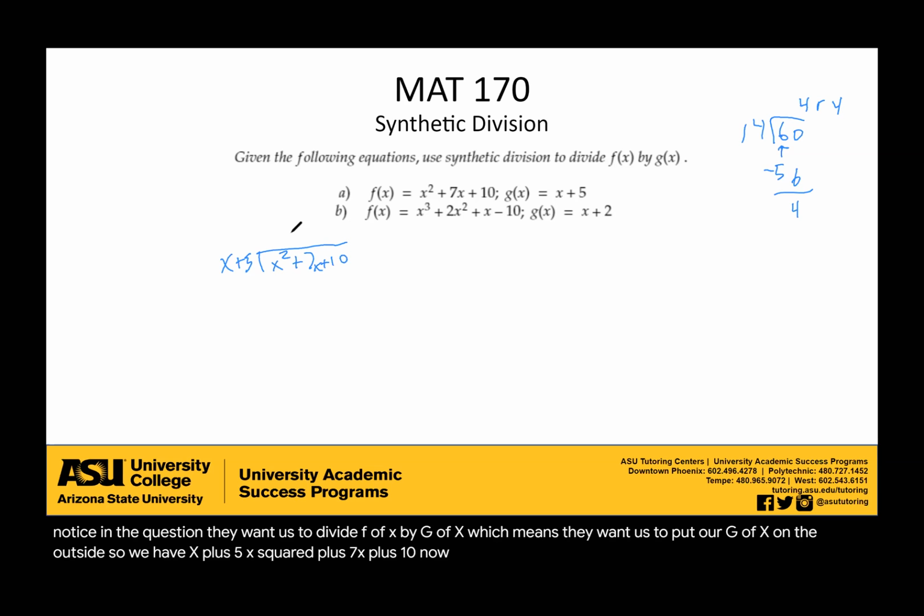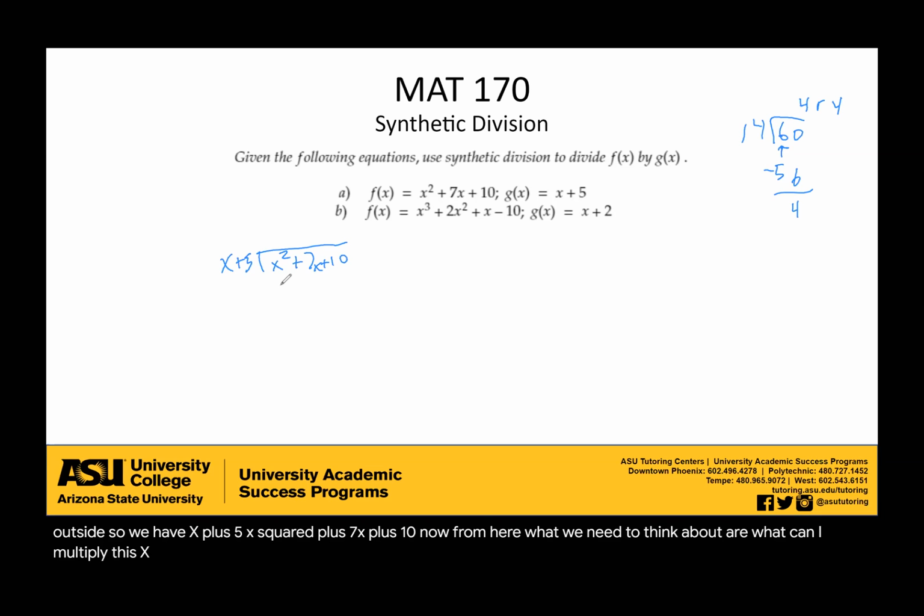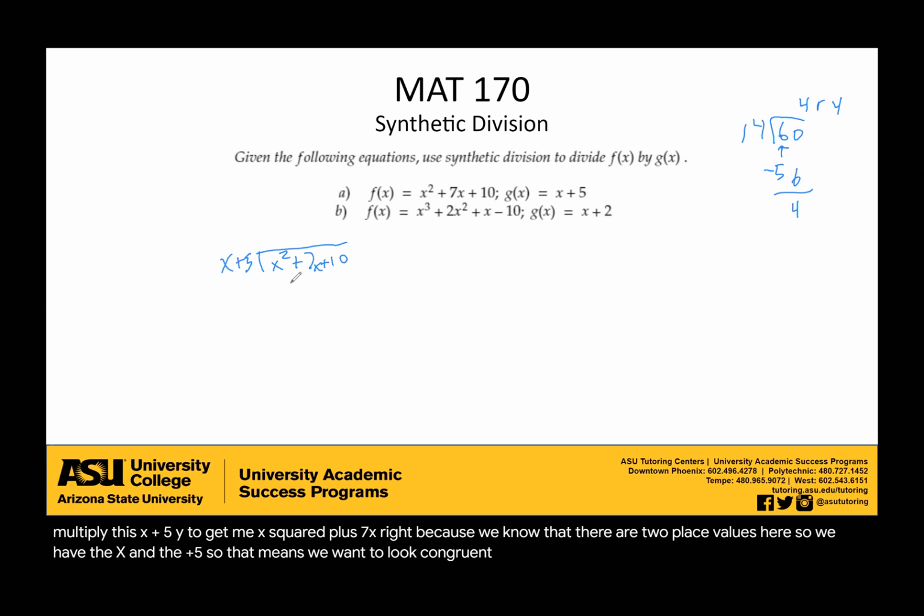From here, what we need to think about is what can I multiply this x plus 5 by to get me x squared plus 7x? Because we know that there are 2 place values here, the x and the plus 5, we want to look at the same on the inside, x squared plus 7x.